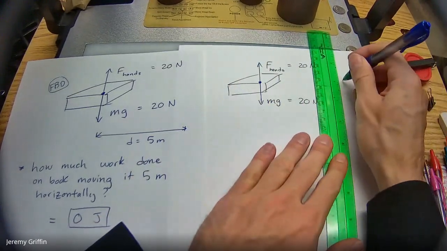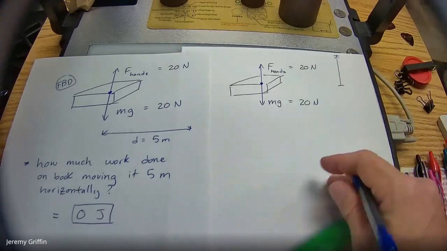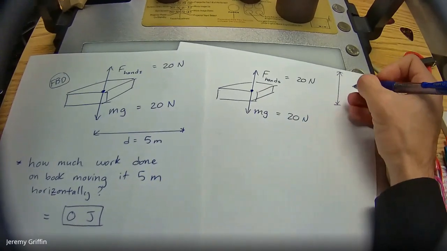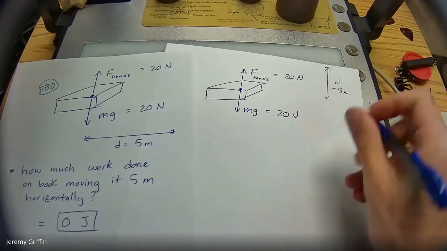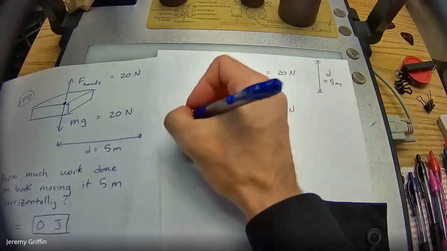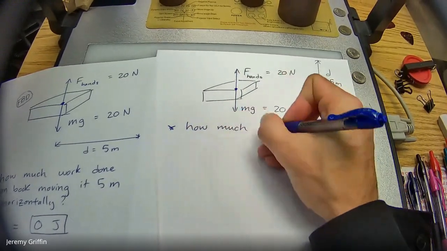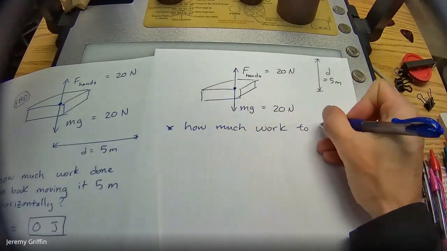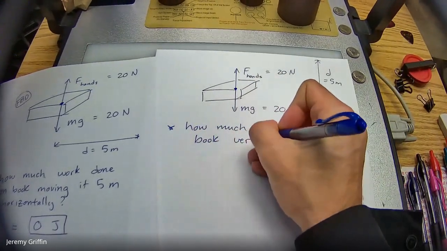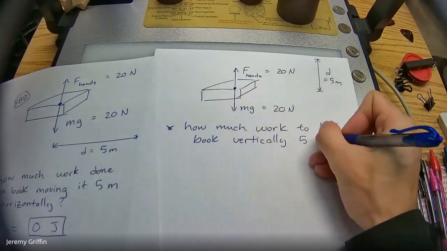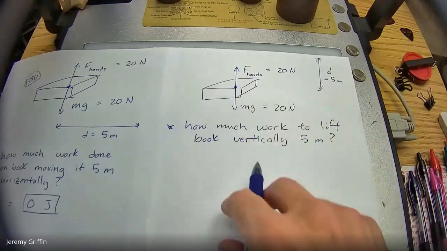But this time, let's say you're moving this book upward a distance of 5 meters vertically. So how much work to lift the book vertically 5 meters? Let's say you're just lifting at a constant velocity, which would be exactly consistent with that free body diagram.